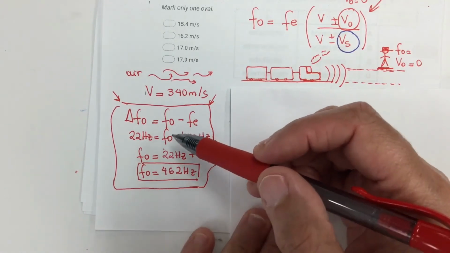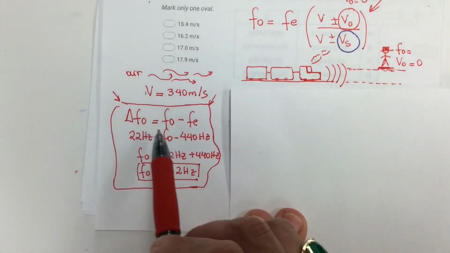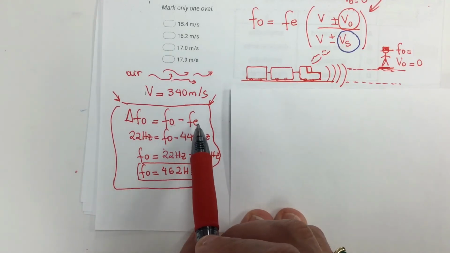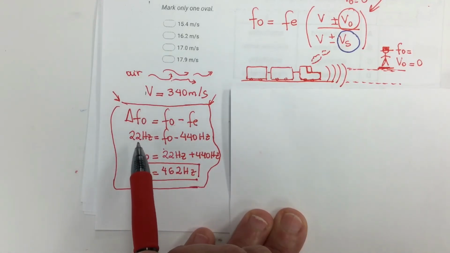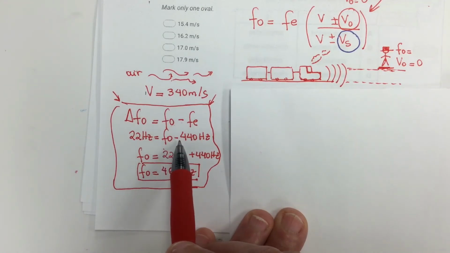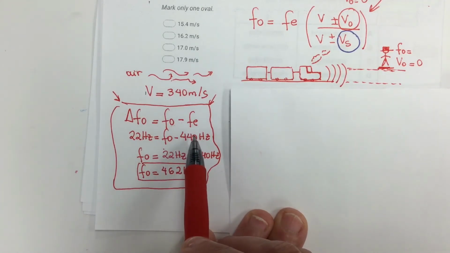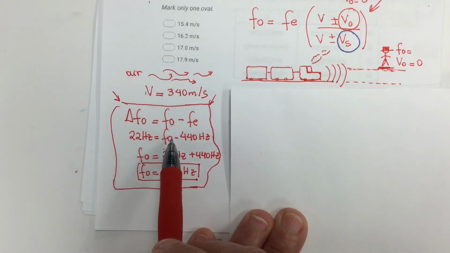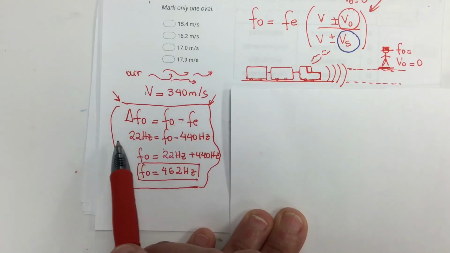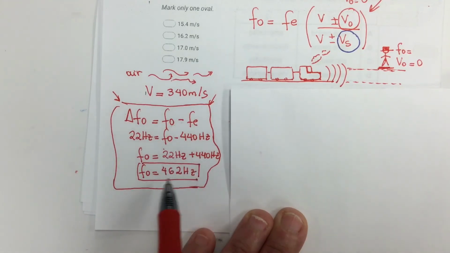The difference observed is equal to the frequency observed minus the frequency emitted. So FO minus FE, which is 440 Hertz, equals 22. The 440 is negative, so go to the other side, positive. When you add those, the frequency observed is 462 Hertz.